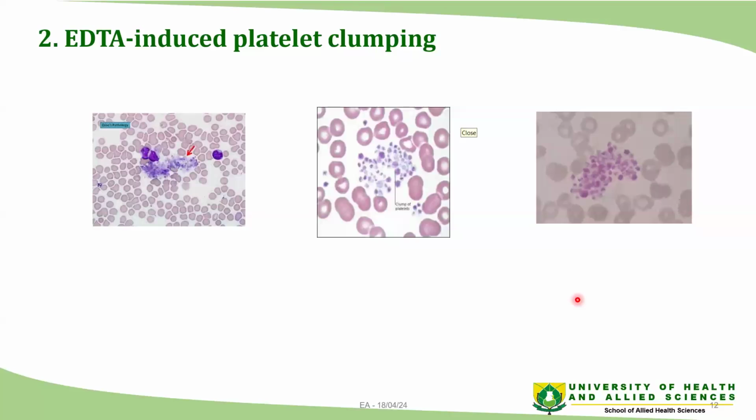So what it also means is that if you put your sample in the citrate tube and you rerun it on the analyzer, whatever value it gives you for the platelets, you have to multiply it by 10 to give you the true platelet count, because the citrate, in this case, dilutes the blood.